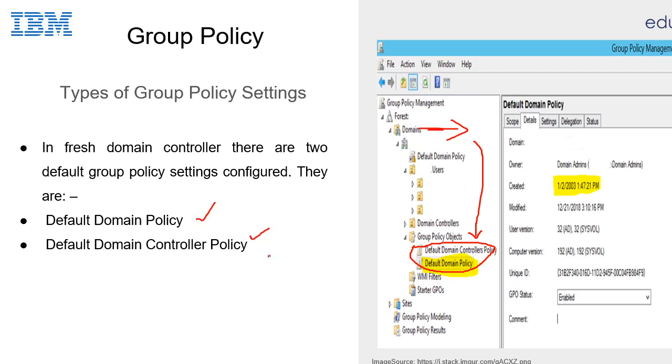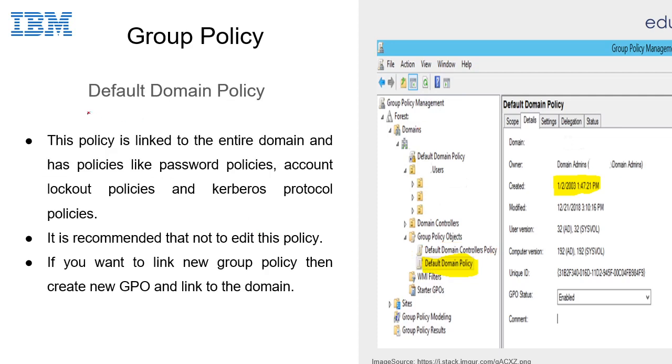So every domain by default contains two default group policy settings. The first one is default domain policy. This policy is linked to the entire domain, with things like password policies, account lockout policies and Kerberos protocol policies.